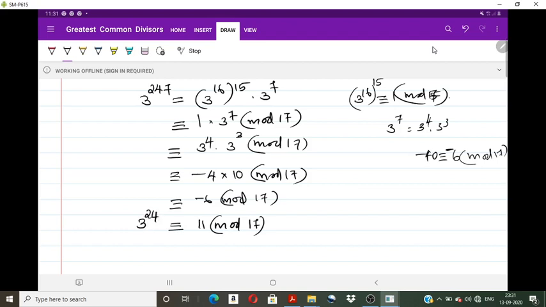So 3 raised to 247 is congruent to 11 modulo 17.